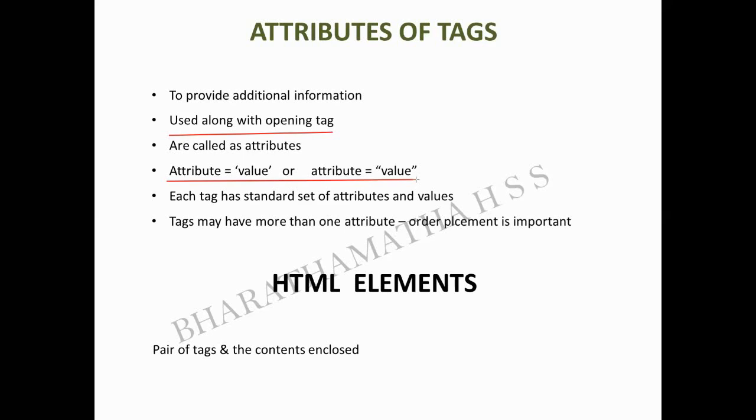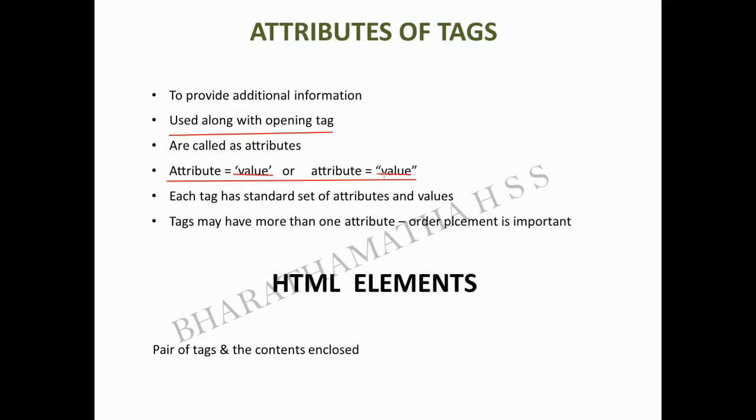When I underline this line, did you notice any changes in the way I wrote it? Listen: here I have written the value in single quotes, and here I have written it in double quotes. Can you see the difference? Attribute equals value, written both ways. Is it clear?